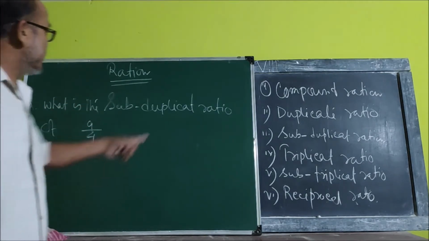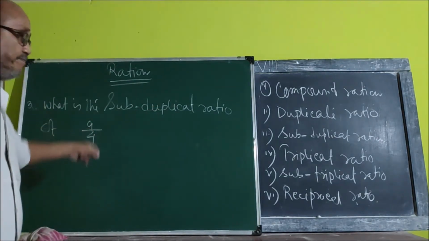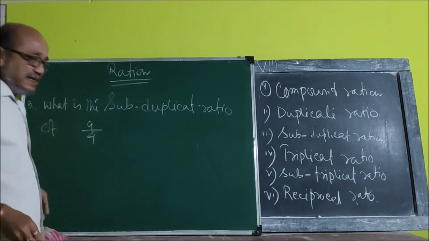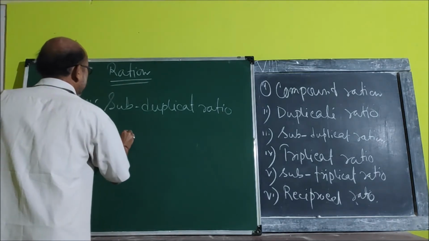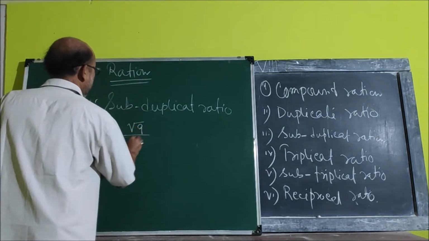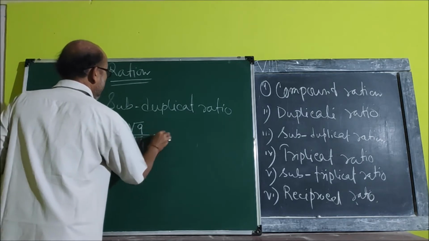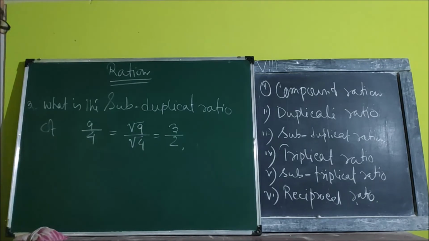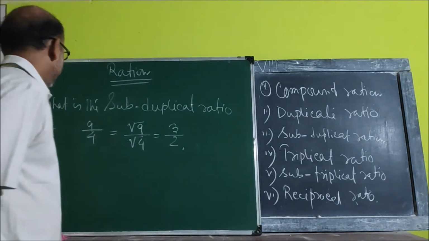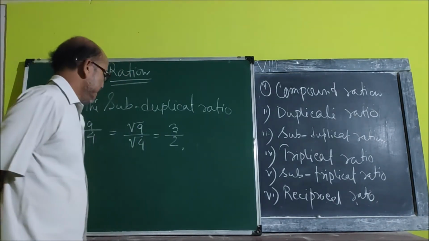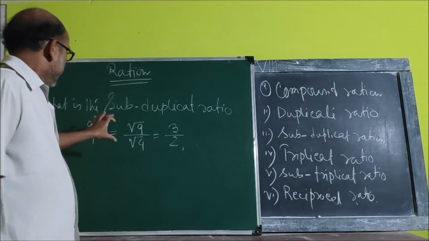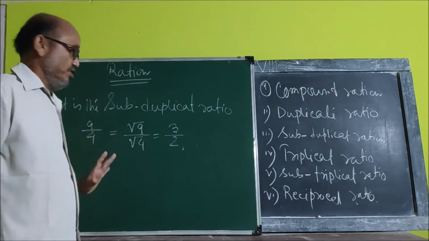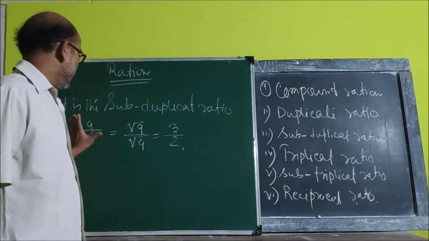What is the subduplicate ratio of the ratio 9 by 4? Its answer will be: the subduplicate ratio is the square root of the given ratio.